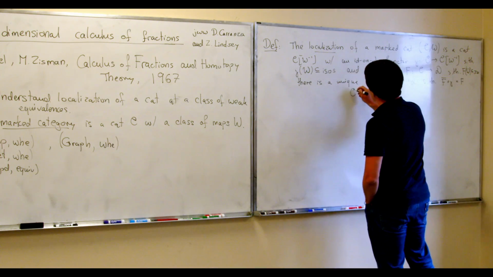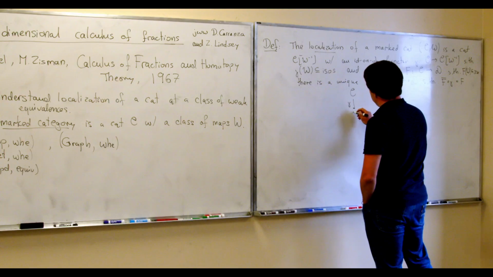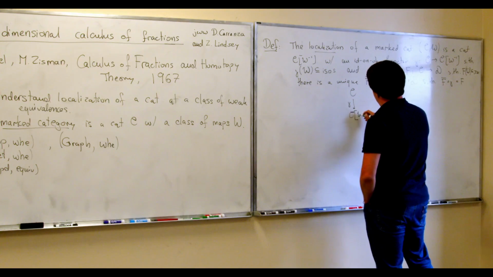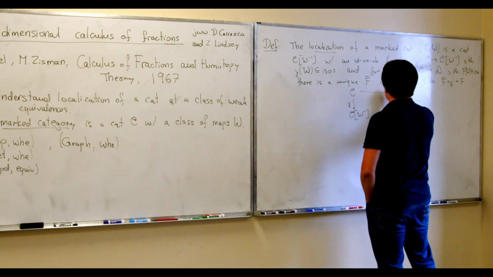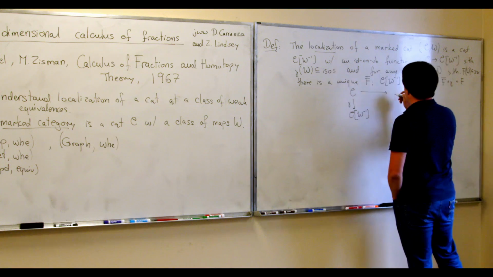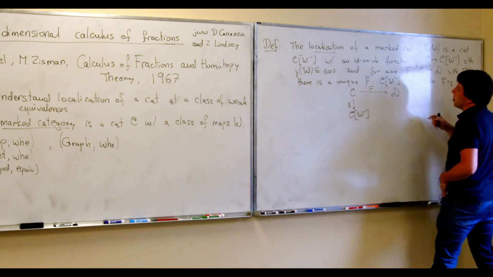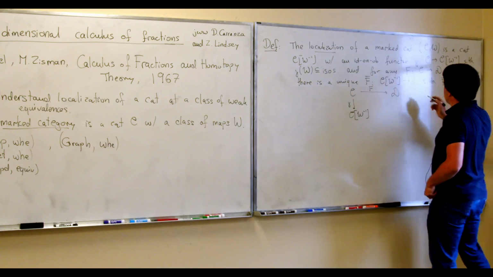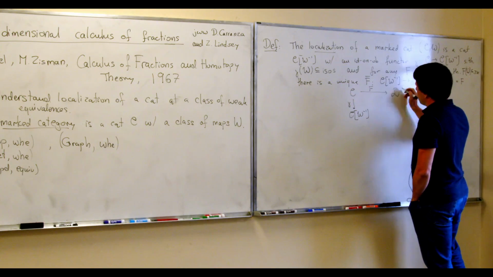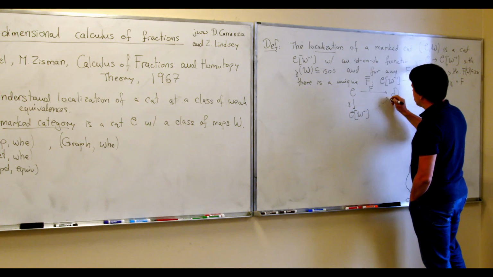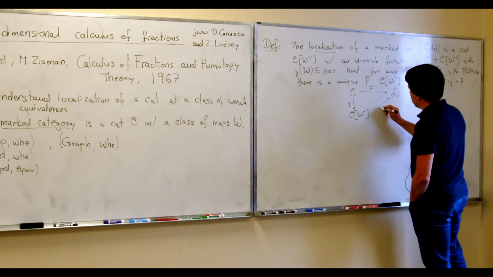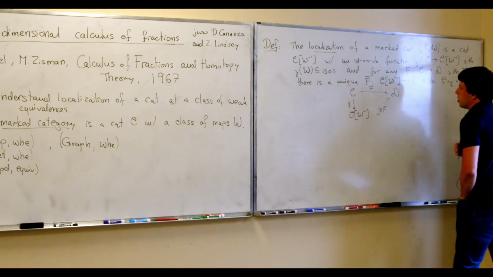So in other words, if I have C, I have my localization functor to C W inverse. Whenever I go by f with the property that f maps all the weak equivalences to isomorphisms, there exists a unique extension over here. So I require a unique extension.